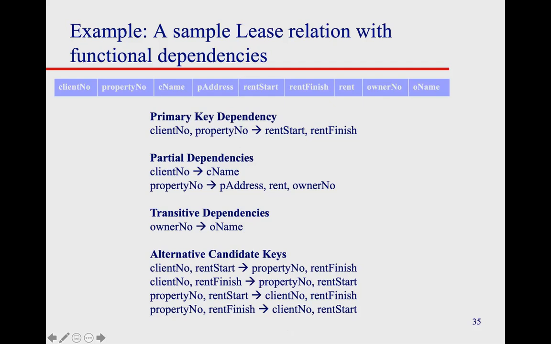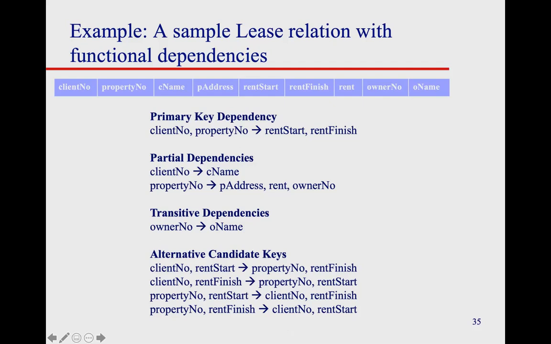So in this lease, we're conflating actually three entities. We have a client, a property, and an owner, all in the same relation. But we're not, in this case, trying to yet separate entities.